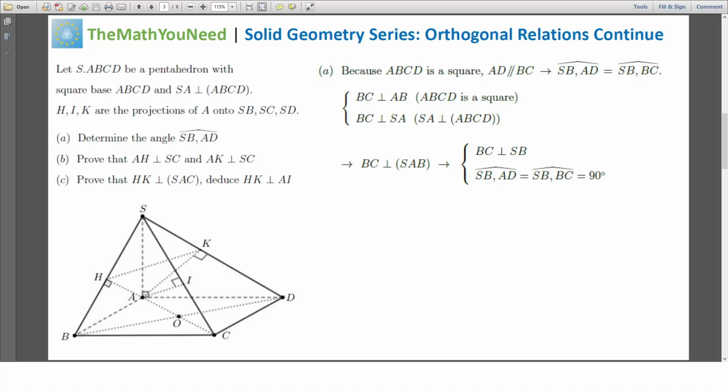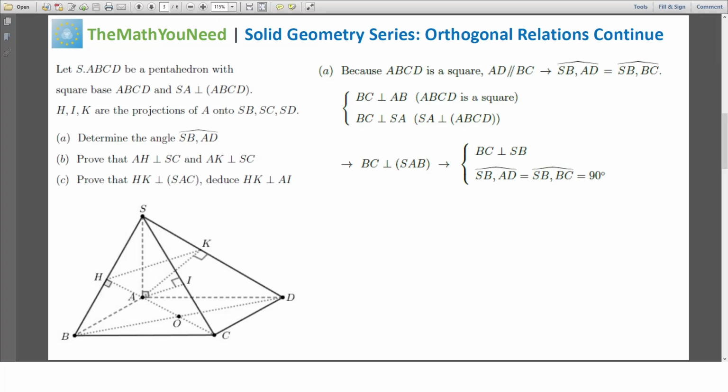So instead of explaining everything in details, I strongly encourage you to look for video number 3, the one immediately prior to this one, and watch it, because it's basically the same solution.